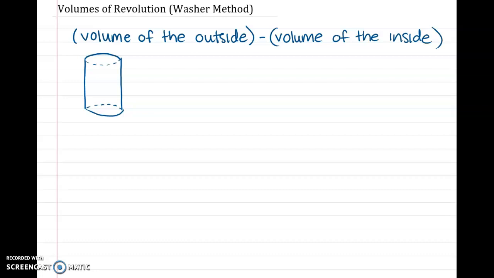Now we're going to think of this cylinder as having an inside, and this cylinder looks like this. What we want to find is the volume of this. Basically it's a cylinder with a hole in it.